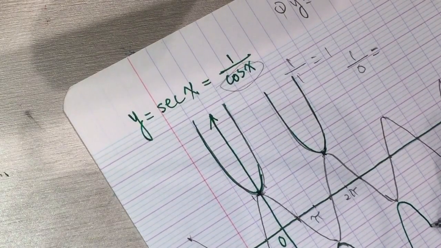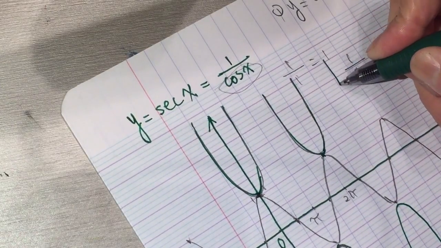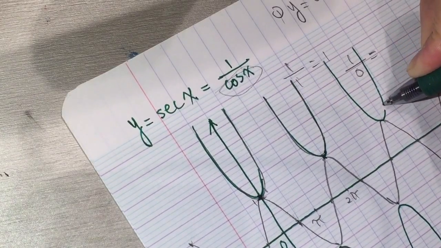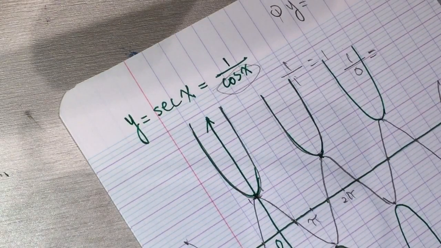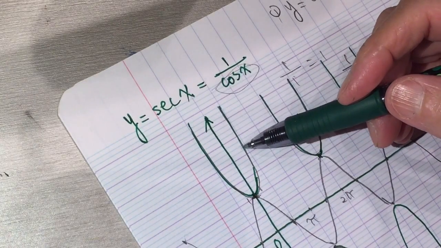And then you repeat, like this. So this is y equals secant x.